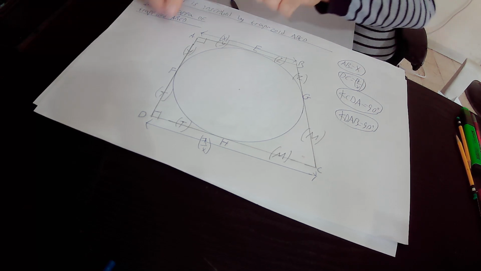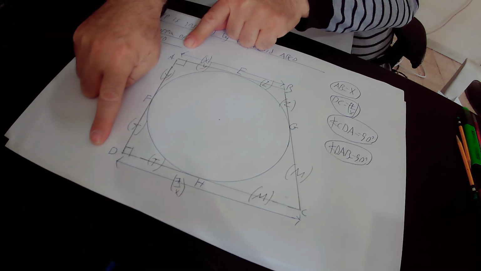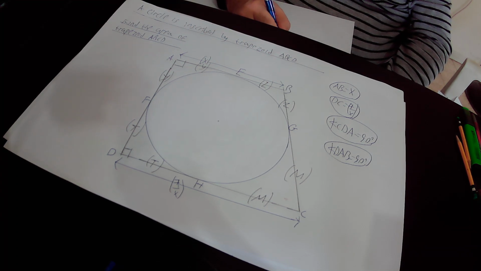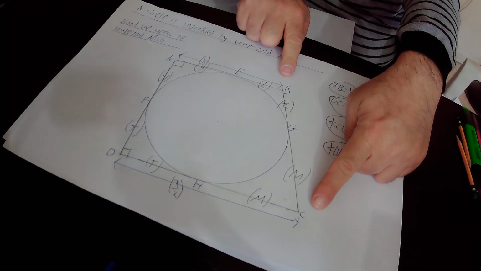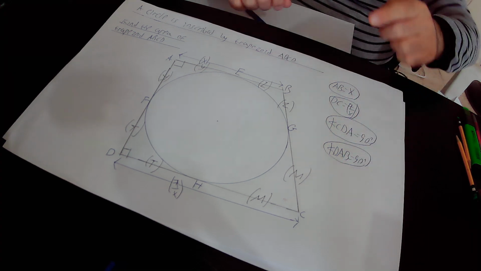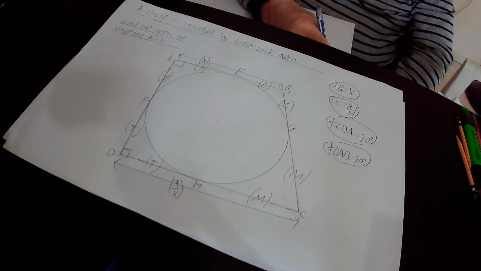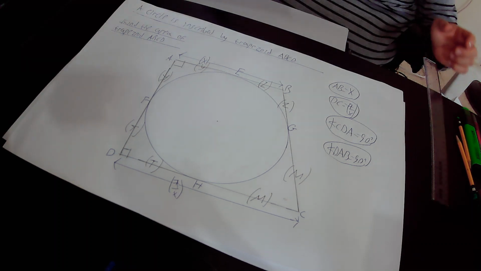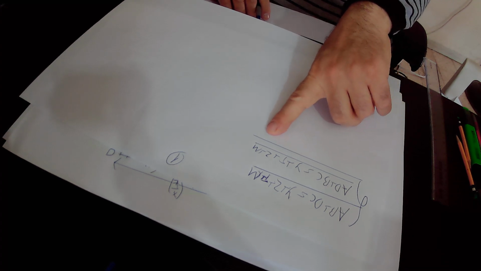AD equals Y plus T, plus BC. BC equals Z plus M. Okay, in total we found out that AD plus BC equals Y plus T plus Z plus M.